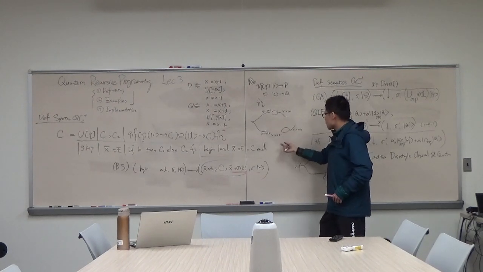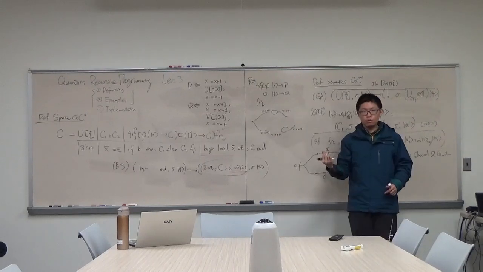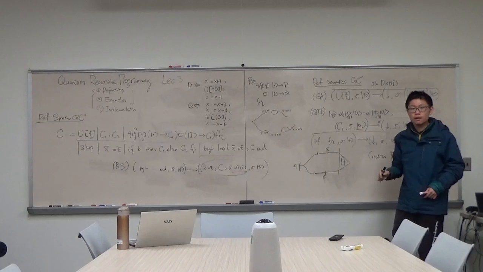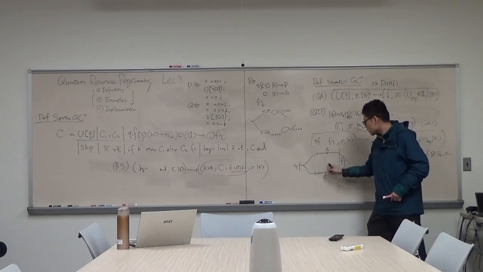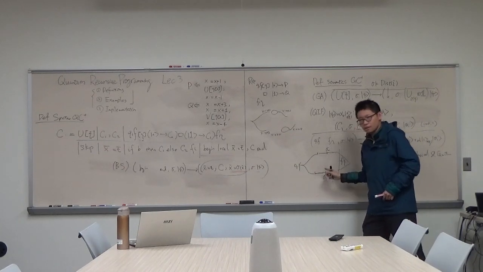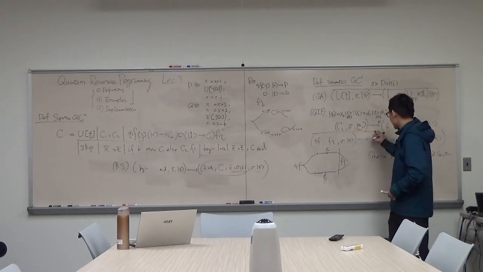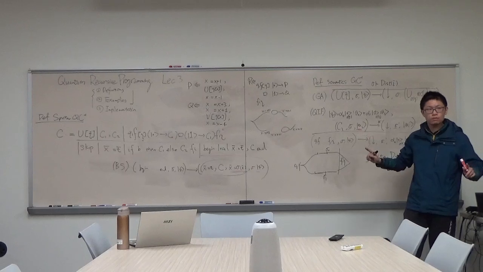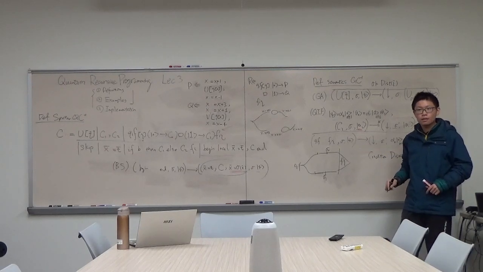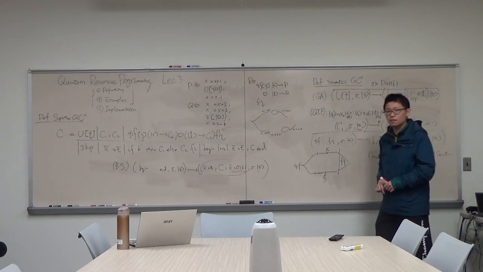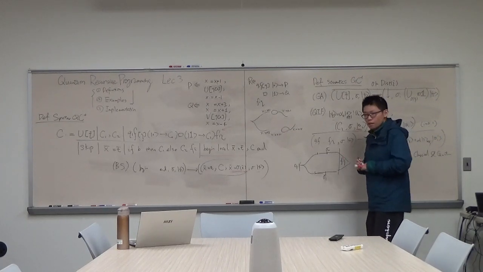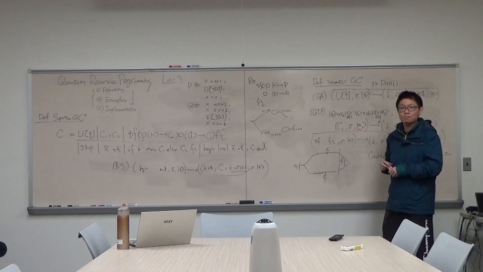So during the execution they go through different routes, although they terminate in the same classical state. So we cannot make the classical state always the same in two different branches. Does this answer your question? Yeah. Okay, great. Any more questions?